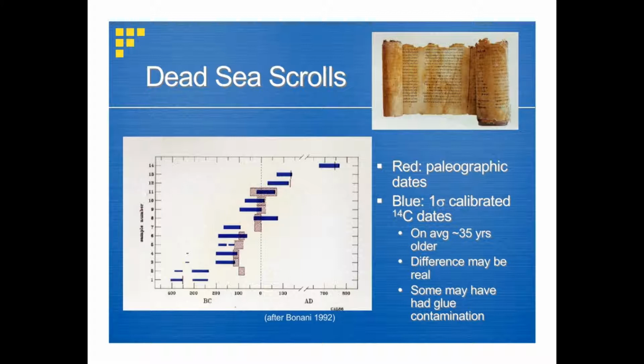The paleographic dates based on handwriting and letter styles are the red boxes. And there's quite good agreement. The radiocarbon dates tend to be slightly older, but that could be real because some of these things were reused. Some of them, the material was made before the writing.